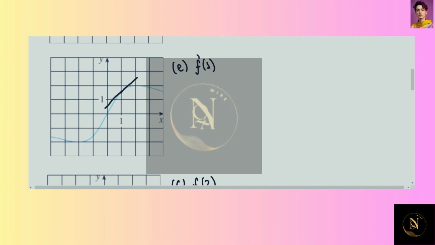So we have the point 1, 1, and in here 1. We're going to take these 2 points. So this in here is 1, and the y component is 1.5.